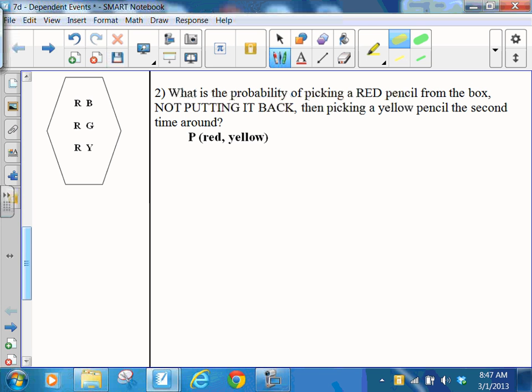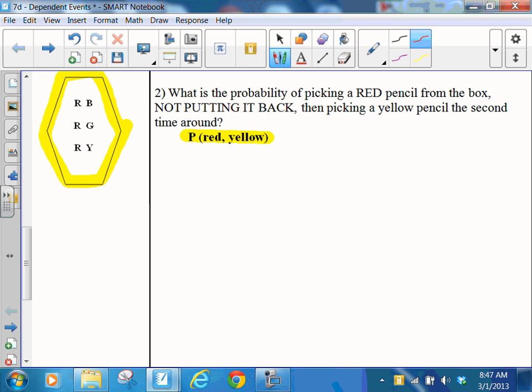What is the probability of picking a red pencil from the box, not putting it back, then picking a yellow pencil from the box? So let's look at the probability of red, then yellow. And we're using this drawing right here.